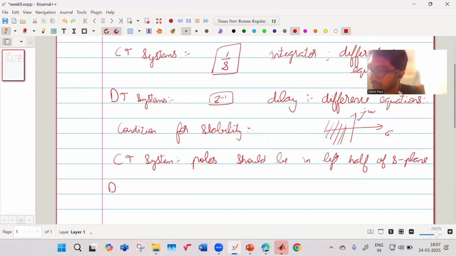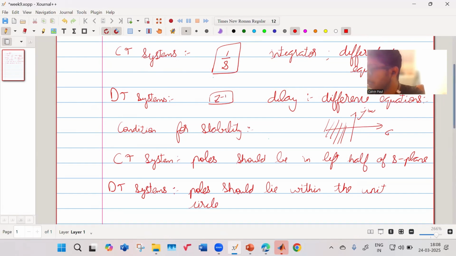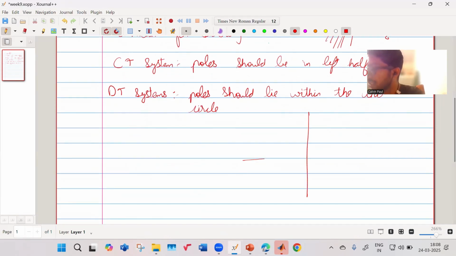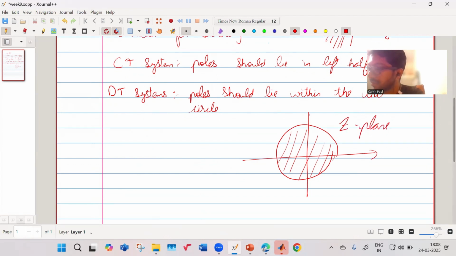Next is the discrete time system, DT systems. Here, poles should lie within the unit circle. This is a unit circle, this is your Z plane. This is your 1, 0, 0, 1, 0, -1, -1, 0.